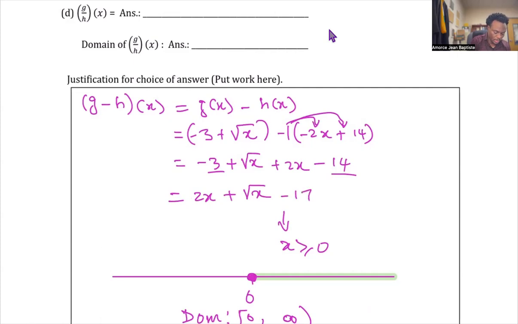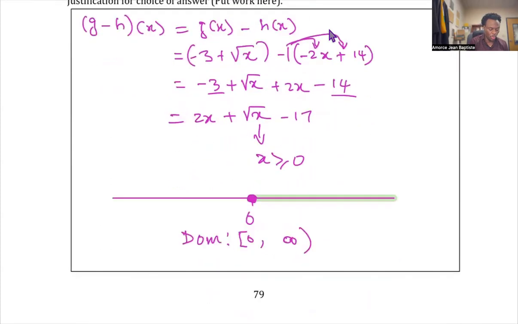We know that the expression inside of the radical should be greater than or equal to 0, meaning that the domain will be all the positive numbers for x, from 0 to positive numbers. And it includes 0. So that's why we put a bracket here, and then 0, comma, infinity.